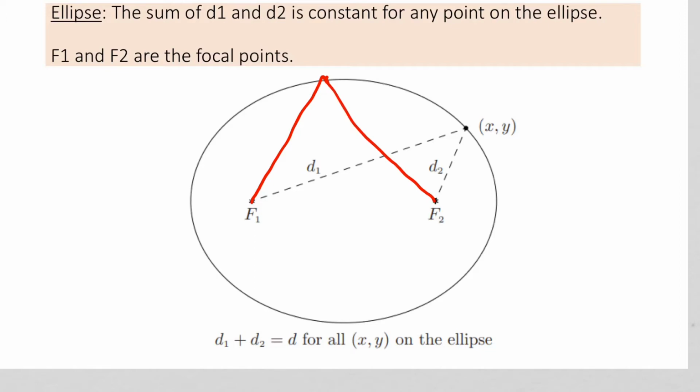It's always a constant amount of string, that whole red length right there. With the pencil inside that point, drag it around, and you'll be able to draw the shape of your ellipse. So that's always a good visualizing tool.